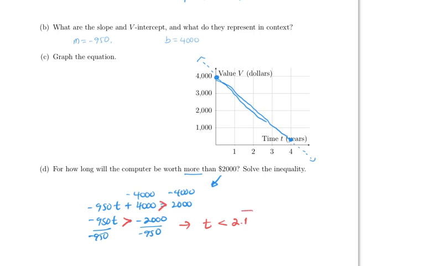Okay? So as long as the computer is less than 2.1 years old, the computer will be worth more than $2,000, which you can tell from here. You look at the graph, 2,000 is here. At this point, the computer is worth more than $2,000, and at this point it is less. So you could just solve that from the graph too.